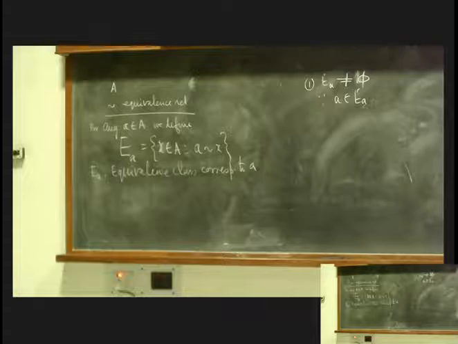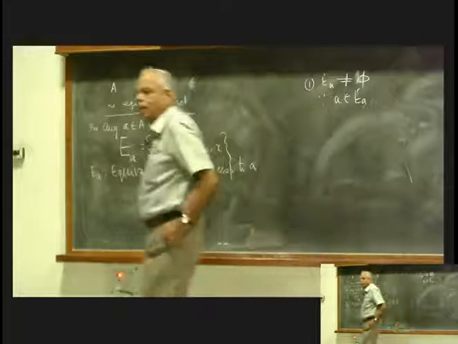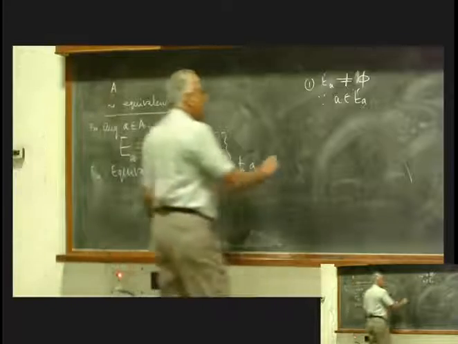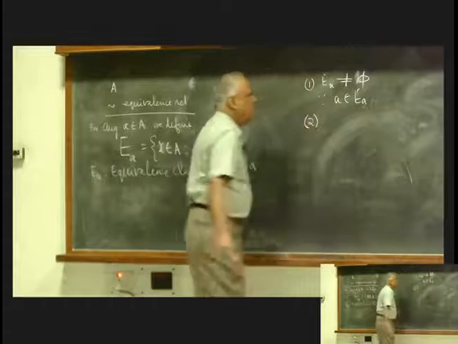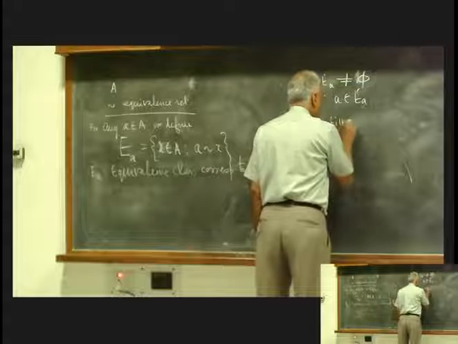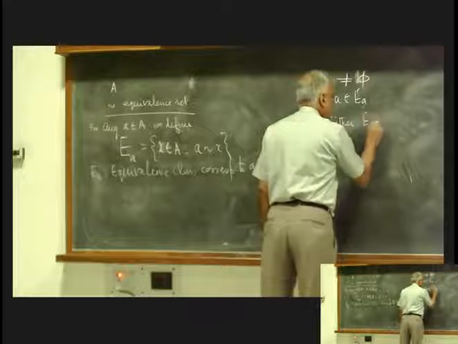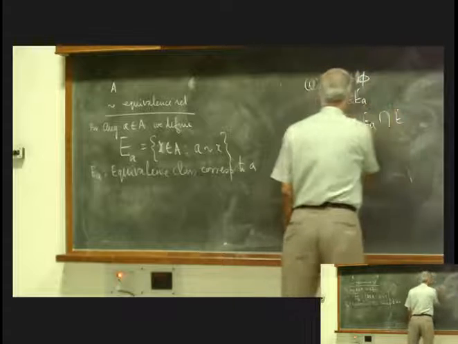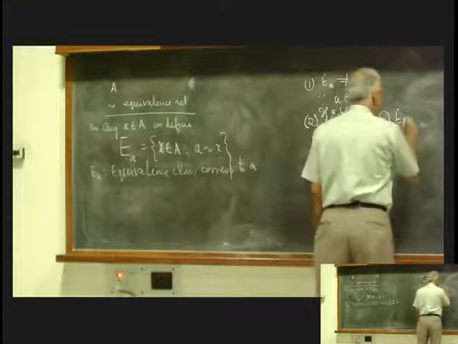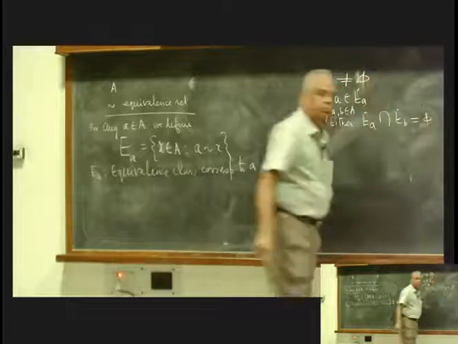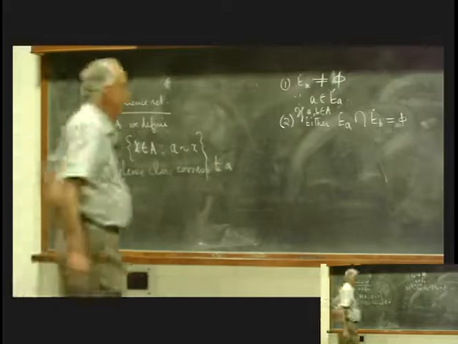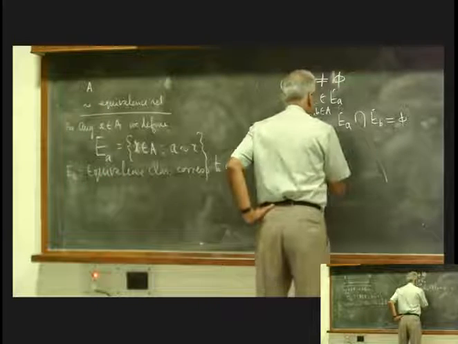The equivalence class corresponding to any element is non-empty. And the second important thing is the following. If a, b belong to A, then either E_a intersection E_b is equal to empty, they cannot have anything in common, or everything in common.